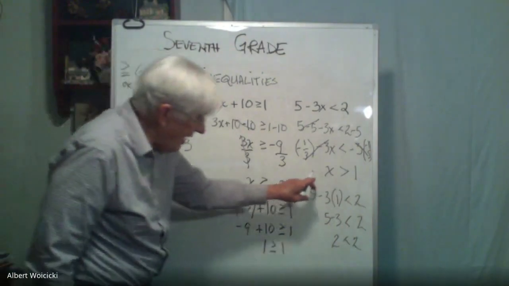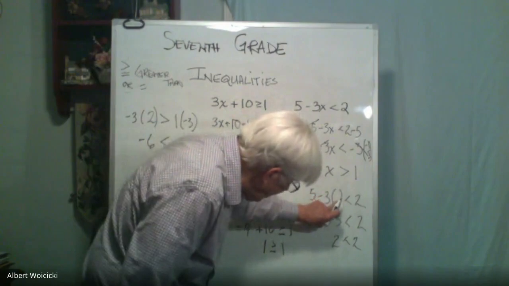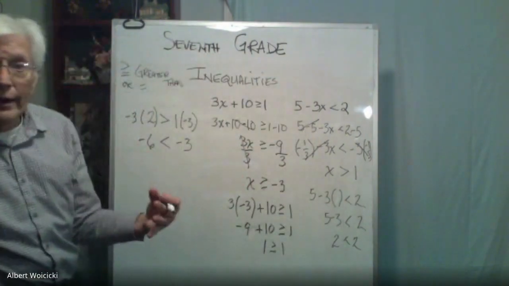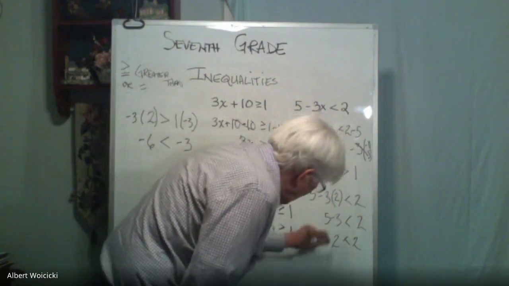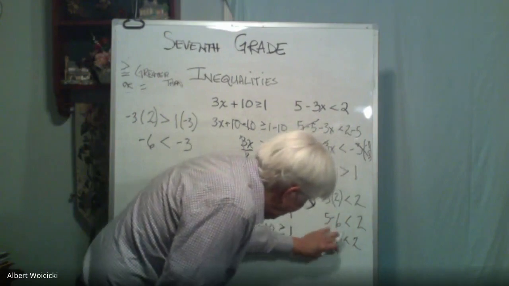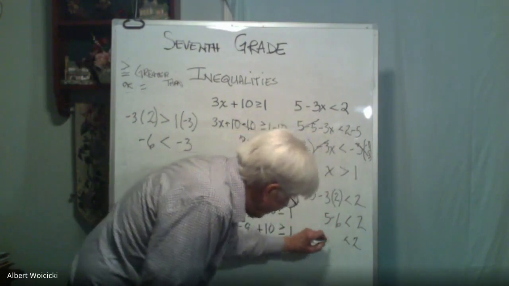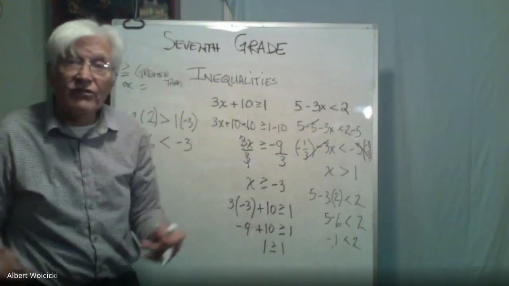My answer said x is greater than 1. So I should have put in something here that was greater than 1. So I should have put something like a 2 in here. That would make that the 6. And now I have 5 minus 6, which is negative 1. And negative 1 is less than 2.